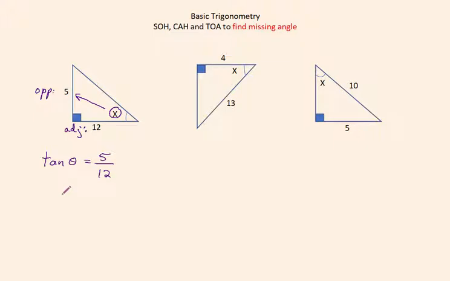So in order to find the actual value of my angle theta, I need to do inverse tan, which on your calculator will be represented by tan exponent -1. You potentially will have to press shift first, or second function, or whatever your calculator gives you.